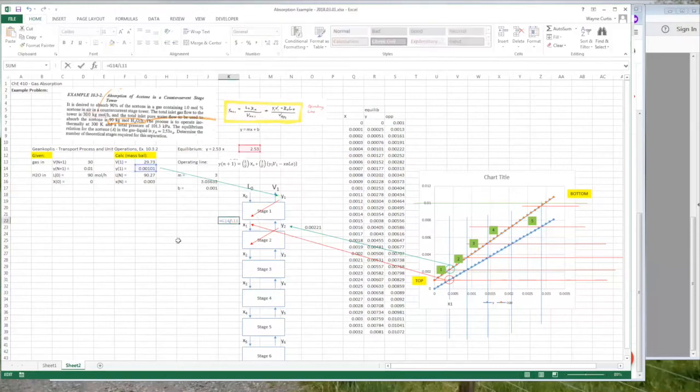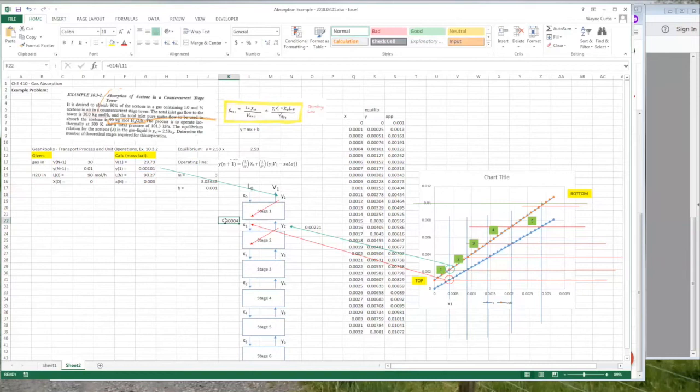All I did is use the equilibrium line to calculate from y1 divided by the phase partitioning, in this case Henry's law, solubility into water, and that gave us our first stage exit in the liquid phase.